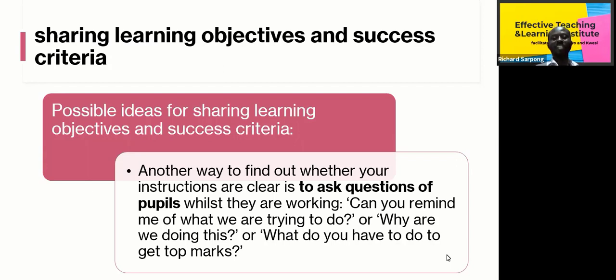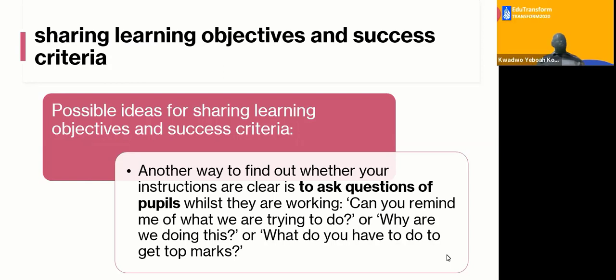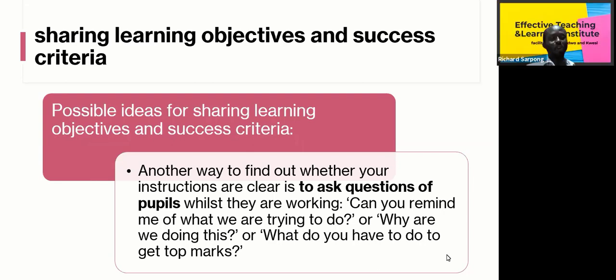So you have to be asking these questions continuously throughout the learning process as a prompt to see whether the students understand what the learning is about and how they will know they are going to be successful. And then you can be sure that learning is happening within your space. Again, it is not "do you understand" or "what don't you understand".